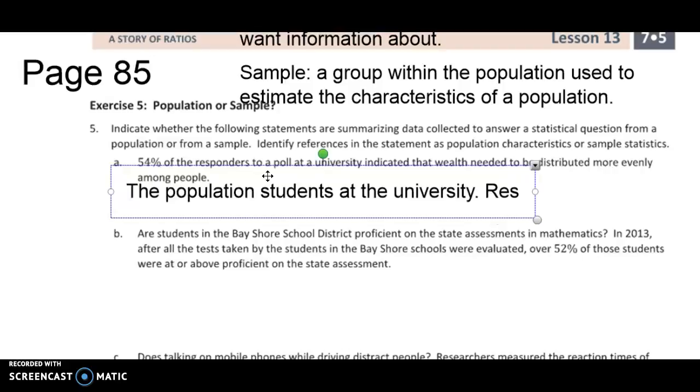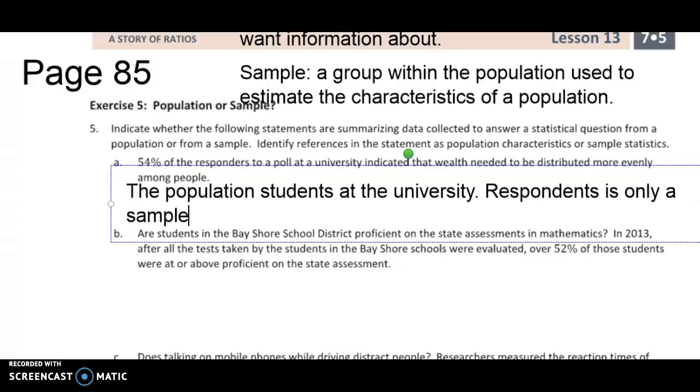So the respondents are only a sample, which means 54% is a sample statistic. Okay, does it give me an idea of how the population would respond? Sure, but it's not everyone. It's just a sample statistic.